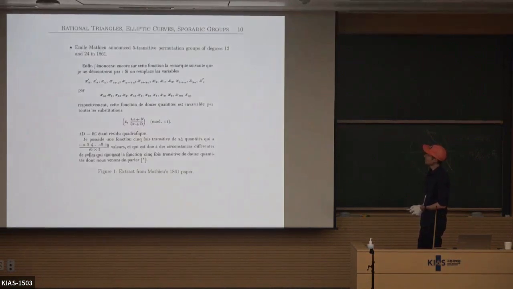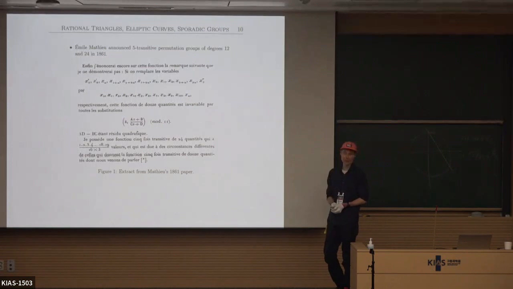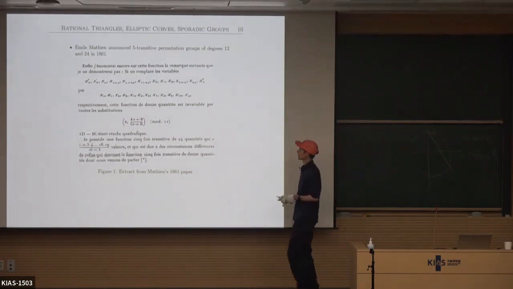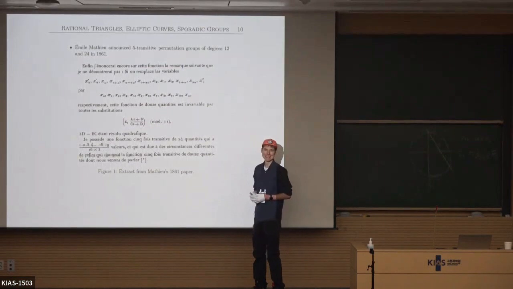Here's an extract from his paper. If you're familiar with finite simple groups, these are the groups M12 and M24, and this is exactly as much as he says about M24 in this paper.